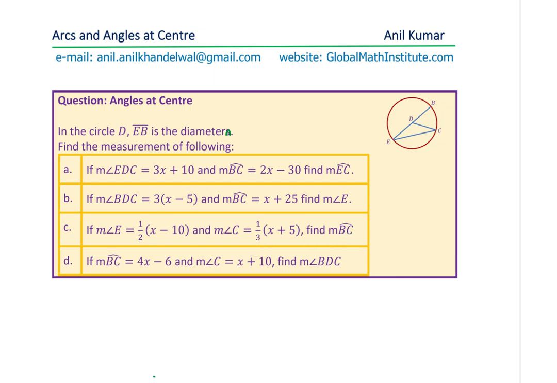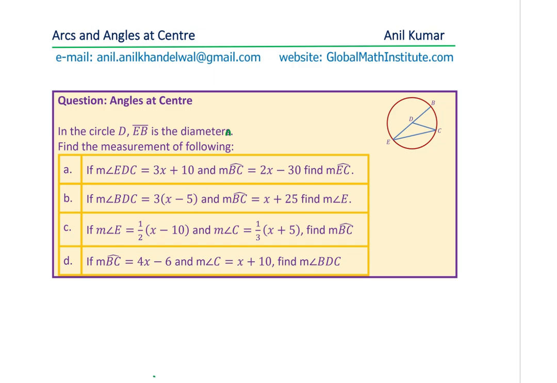If measurement of arc BC is 4x minus 6 and measurement of angle C is x plus 10, find the measurement of angle EDC. I'd like you to pause the video, answer the question, and then look into my suggestions.